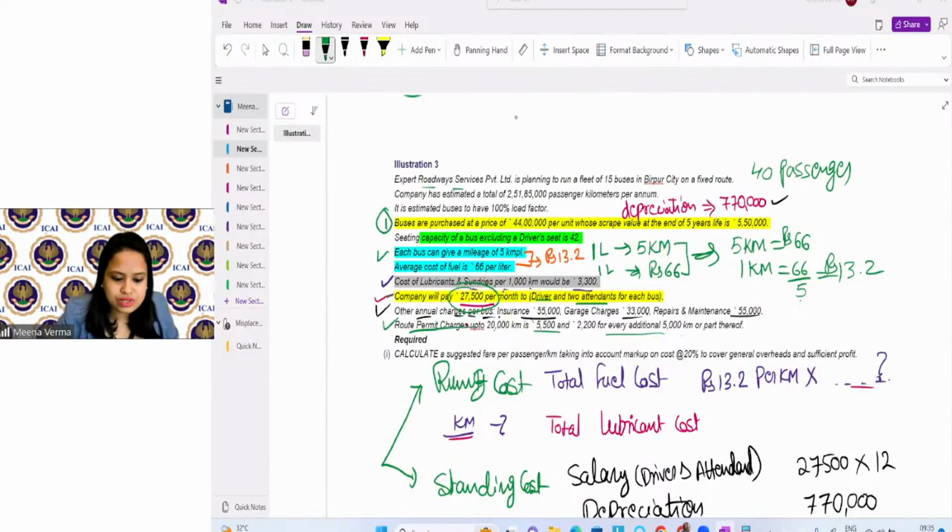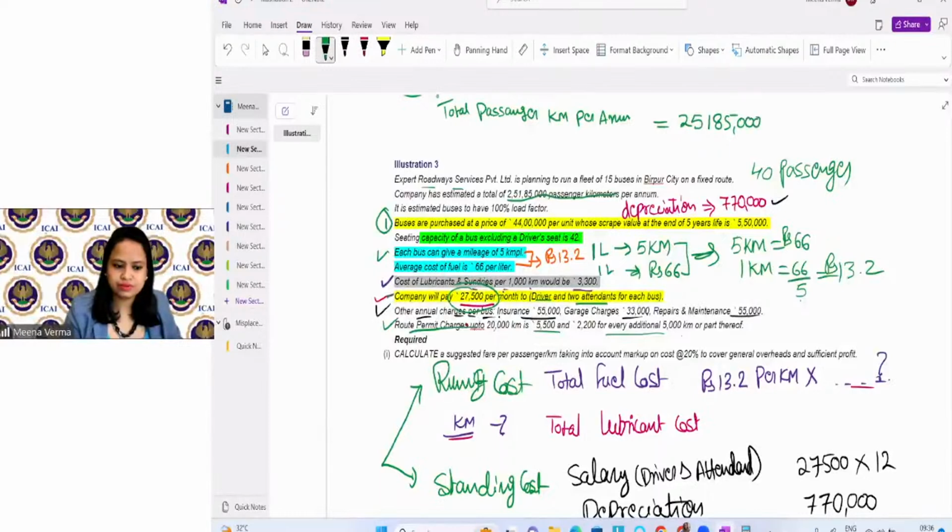Okay, so if you will see here what is given, total passenger kilometer per annum is given. This is equal to 25,185,000.